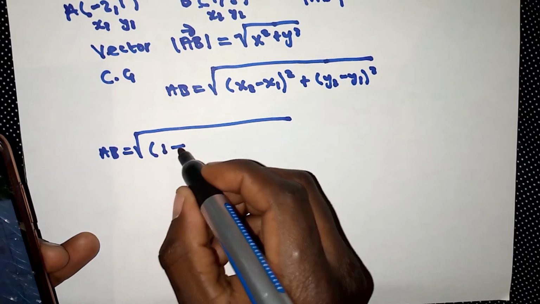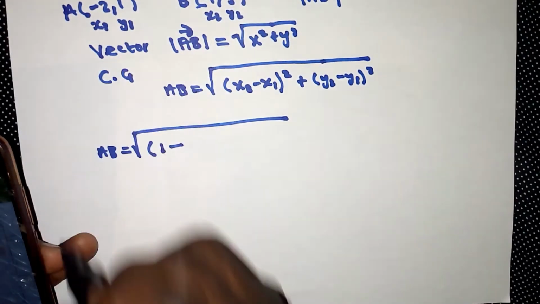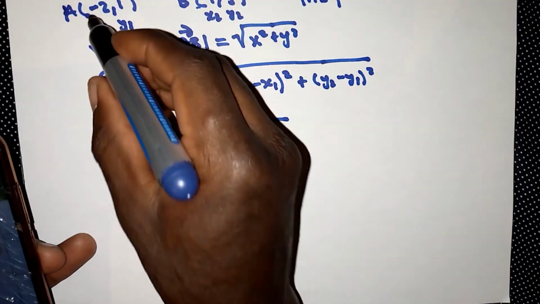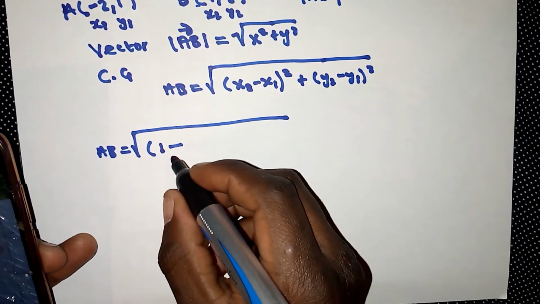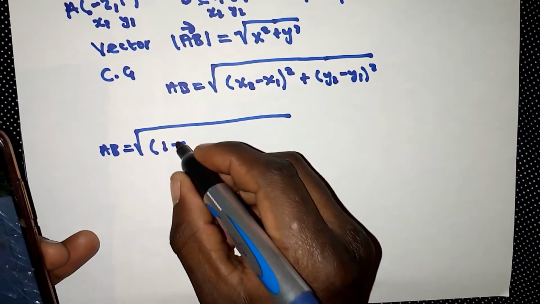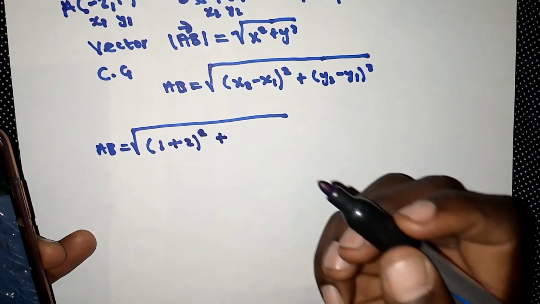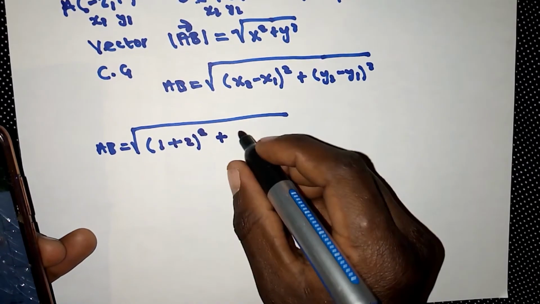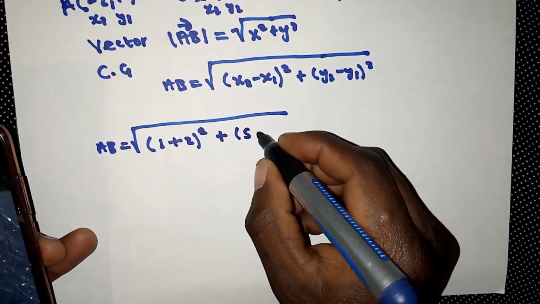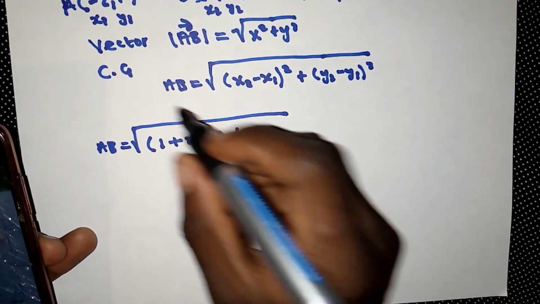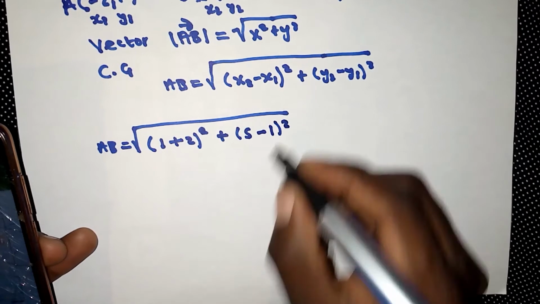So now you've seen we have a negative and a negative. So what you do is you say negative multiplied by a negative is a positive. So you get +2, plus y2, which is 5, minus y1, which is 1, squared, right?